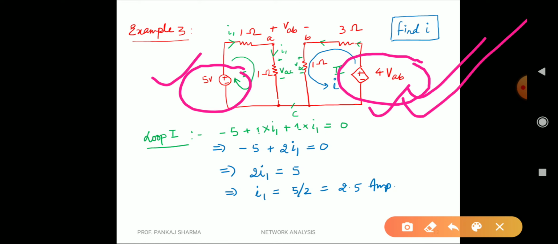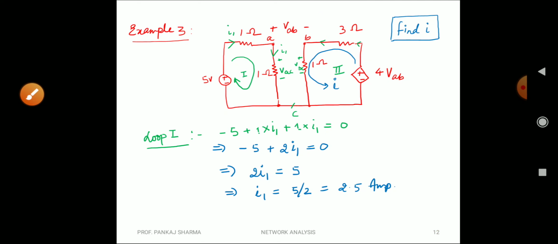It is defined at this point. See this, the dependent source value, voltage dependent voltage source, which is 4 VAB. The absolute value of this voltage source will be known only after knowing the absolute value of VAB, which is defined here. This is your voltage dependent voltage source problem.